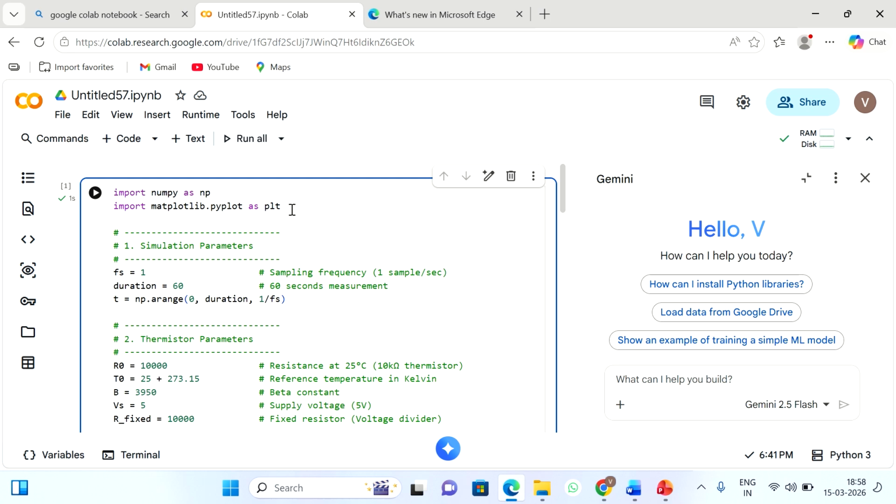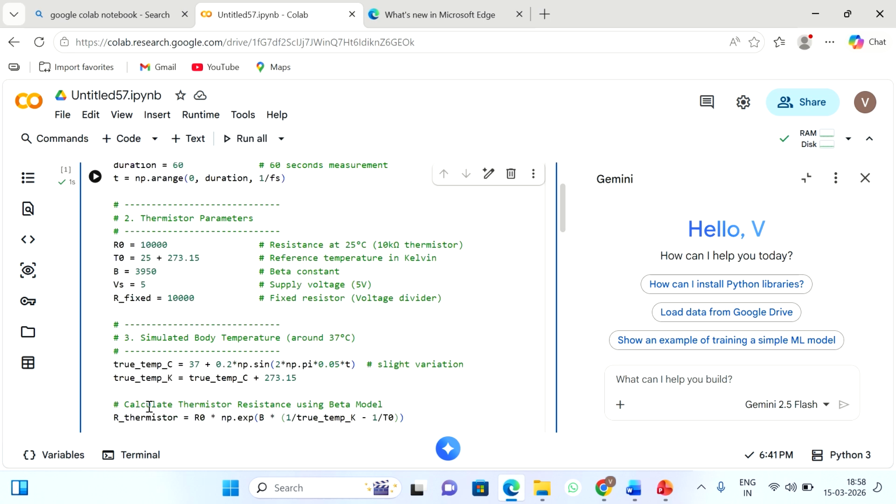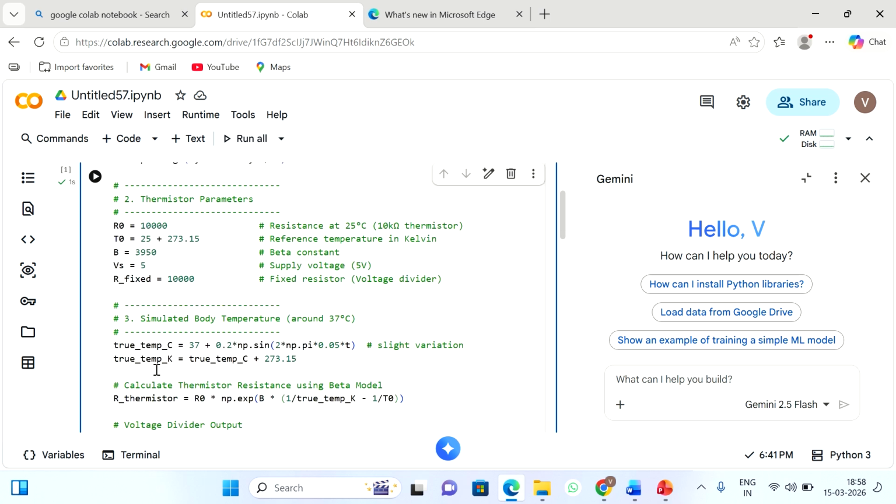So here to simulate body temperature, true_temperature_C is equal to 37 plus 0.2 np.sin(2 pi F t). So normal body temperature is 37 degrees Celsius. Small sinusoidal variation.